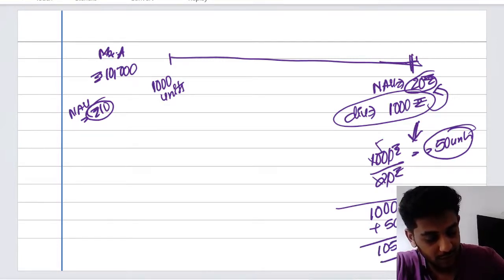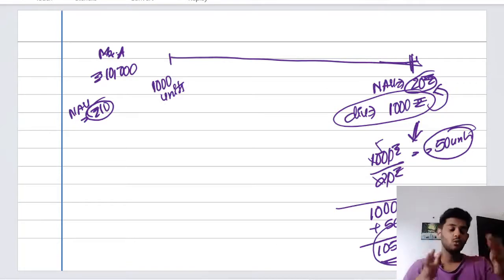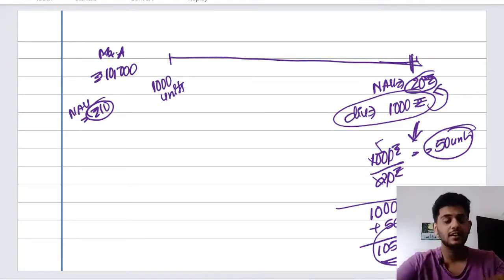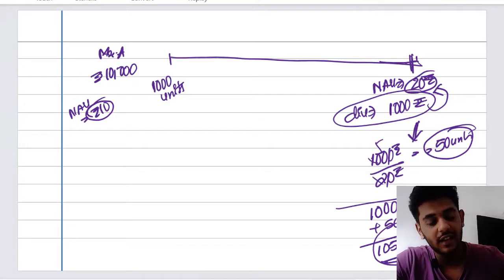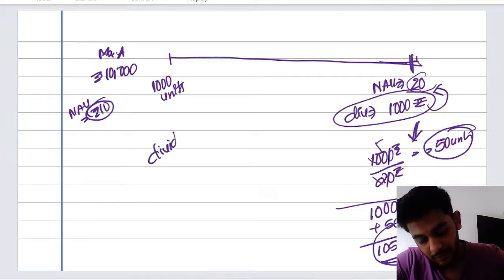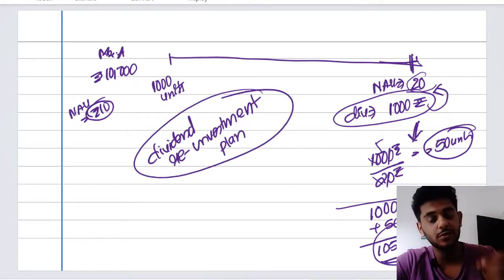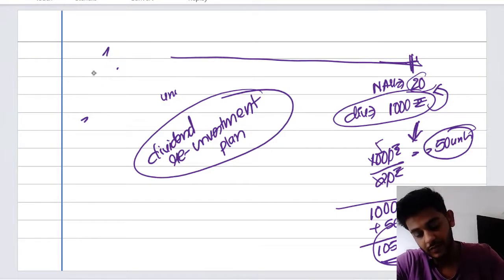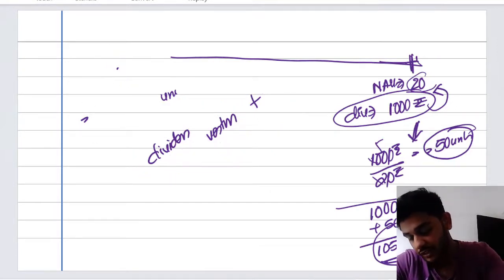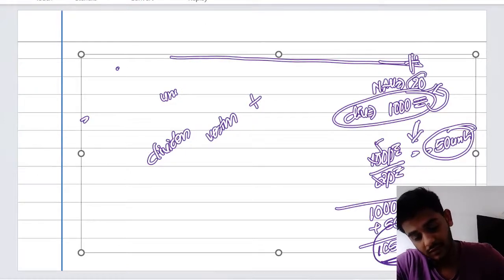This becomes the new holding of the investor. So rather than giving the dividend away, it is reinvesting that dividend at the NAV prevailing at that date. That is what is called dividend reinvestment plan. It won't give the dividend amount to the investor, rather it will invest that amount into the fund again by issuing new units.